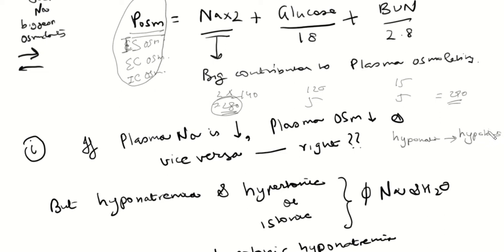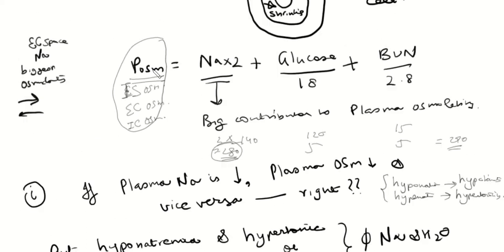Hypotonicity. If I have hypernatremia, too much sodium in my extracellular space, I should have hypertonicity. Makes sense, right? Because sodium is the biggest contributor to the plasma osmolarity, or actually, technically, plasma tonicity.